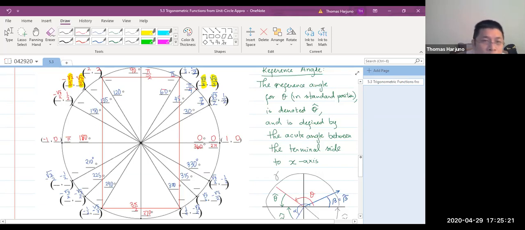Basically we can say this: if those angles have the same reference angles, then the values of sine and cosine must be the same. The values for the sines for those angles must be the same or opposite.